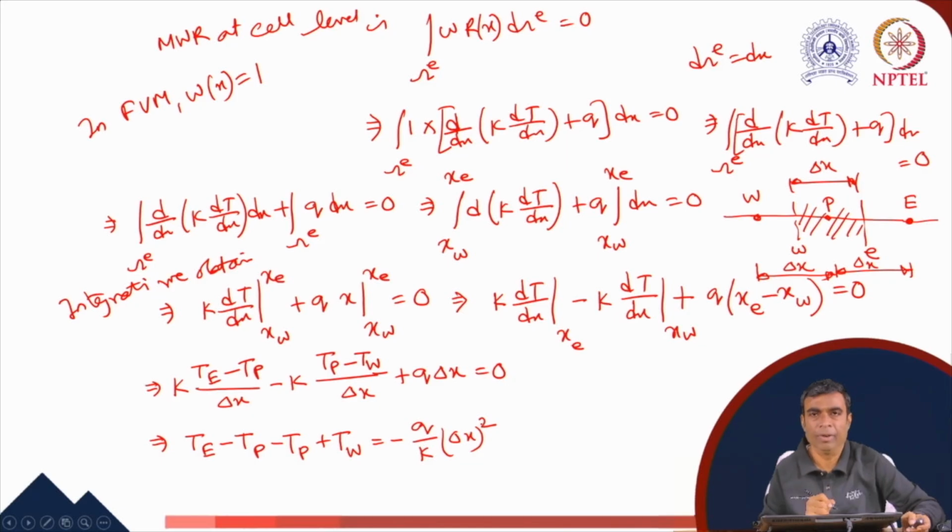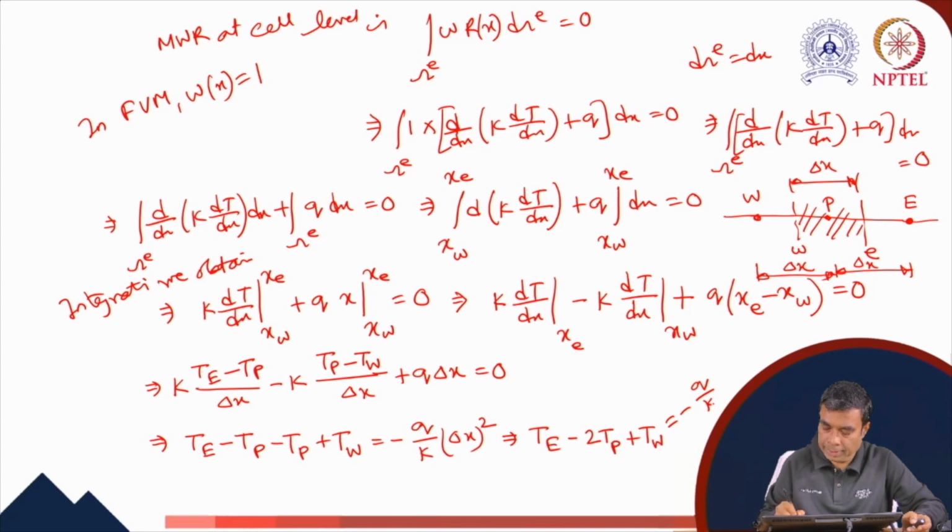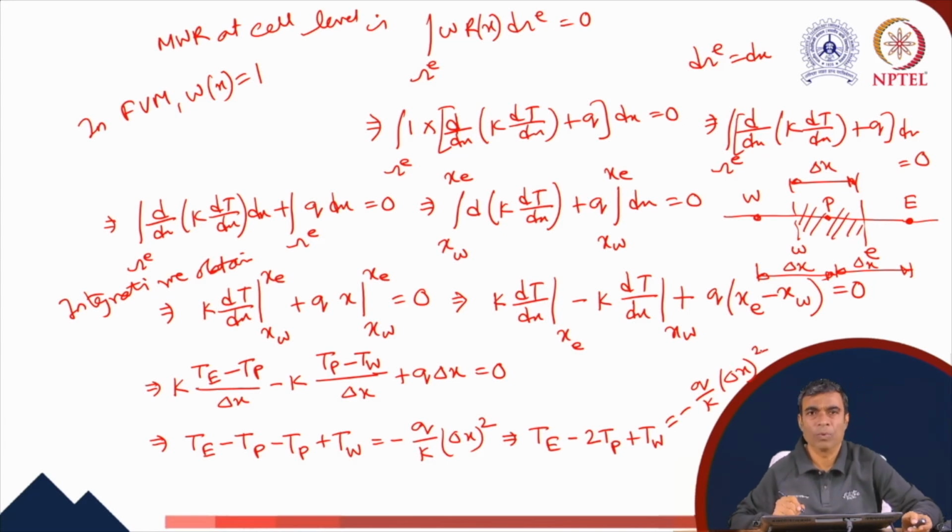So this is the finite volume discretized algebraic equation for a simple equation in one dimension, and this can be further simplified as Te minus 2Tp plus Tw equals to minus q by k into delta x whole square. Now we can indicate the Pth node as the ith node in correspondence with the finite difference method.